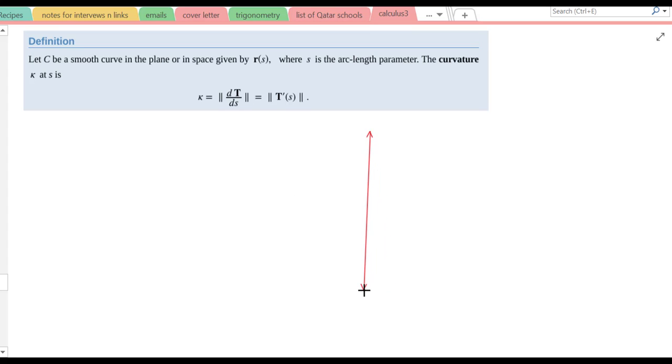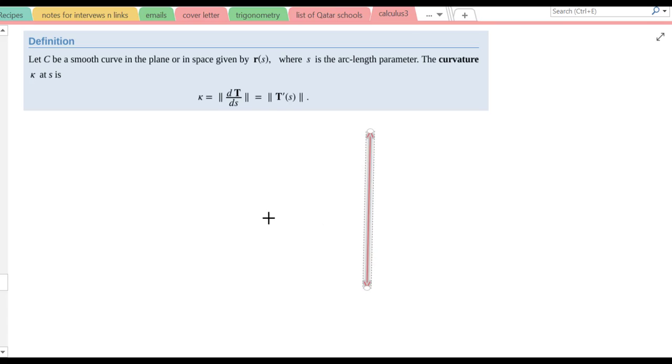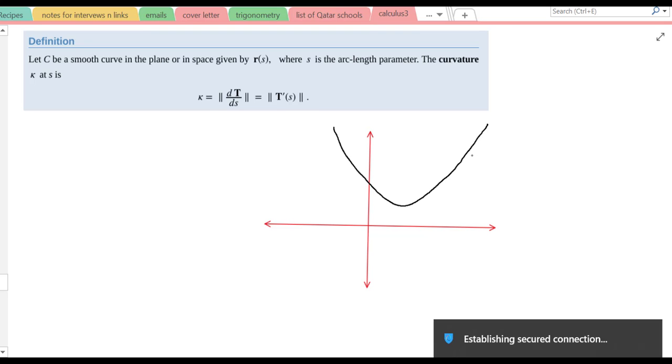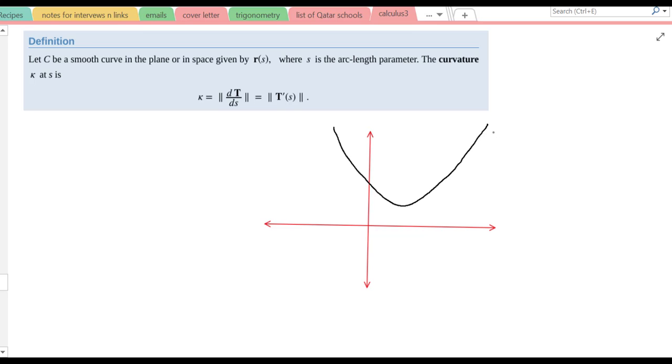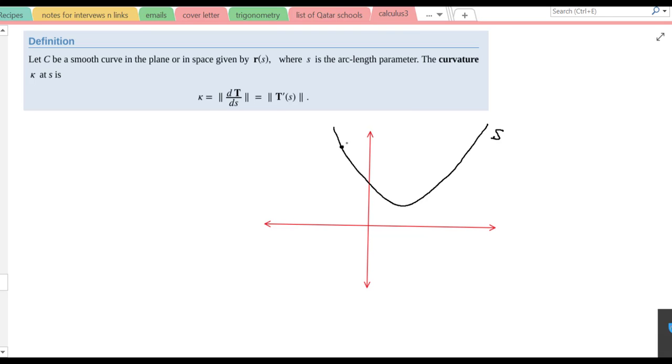If we take this as the y-axis and this as the x-axis, and you move along this function, parameterized over the arc length, for example s in terms of t, every point has a specific curvature.